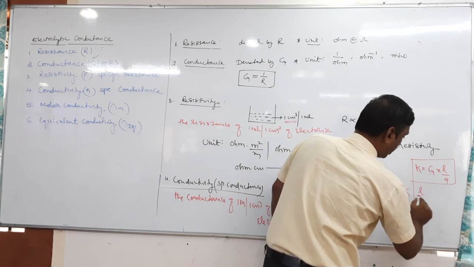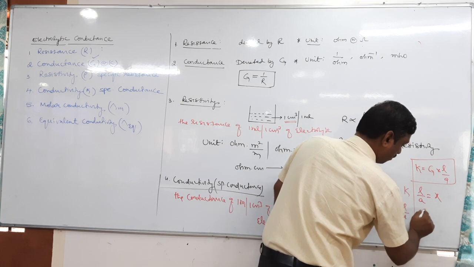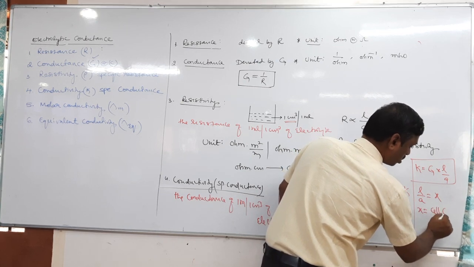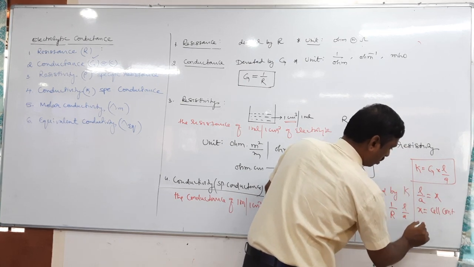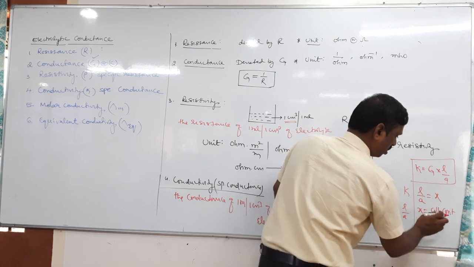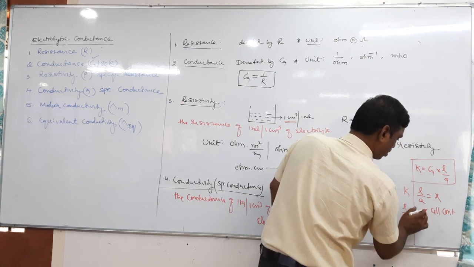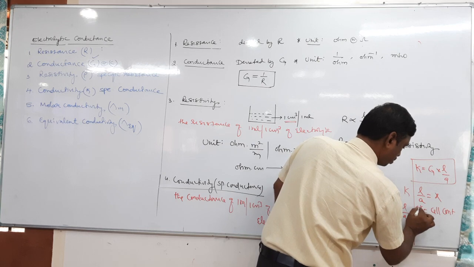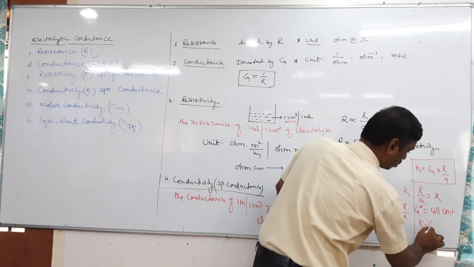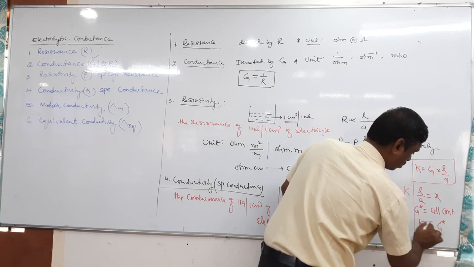Therefore L by A can be taken as X, where X equals the cell constant. So you can also take K equals G X, or G star as given in the textbook. So K equals G into G star.